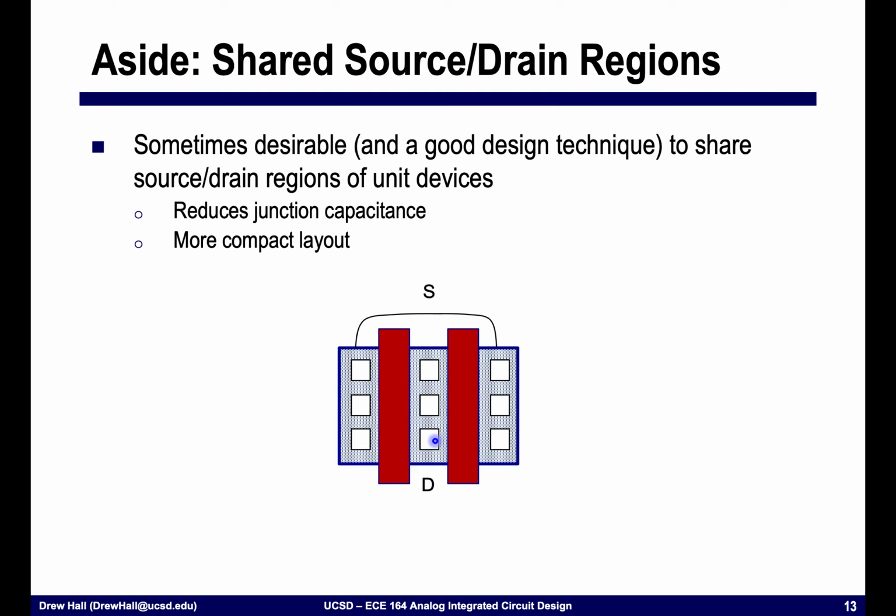Now note, you could also merge the source nodes, but merging the source doesn't usually result in much benefit because the source is connected to VSS in our example, and I'm not concerned about the parasitic at VSS. I'm concerned about the parasitic at the output, which is the drain in this case. And so this is a layout technique that's known as fingering. When we start to merge together the multiple devices, we'll talk a lot about this in later courses.